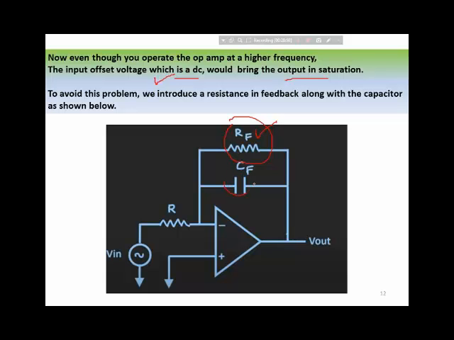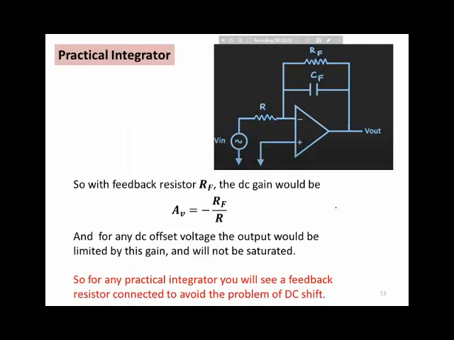Even when this capacitor becomes open circuit, the feedback will be applied through this RF resistance, and the closed loop gain of the amplifier is limited by these two resistors, RF and R. So with the feedback resistor RF, the DC gain would be minus RF over R. That is, if input is DC and at DC this capacitor is open circuited, the feedback would be completed through this RF resistance, and the gain of the amplifier at DC would be equal to minus RF over R. So this gain would be the DC gain of the integrator.